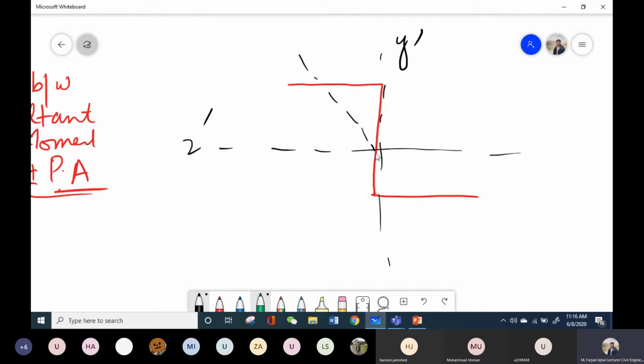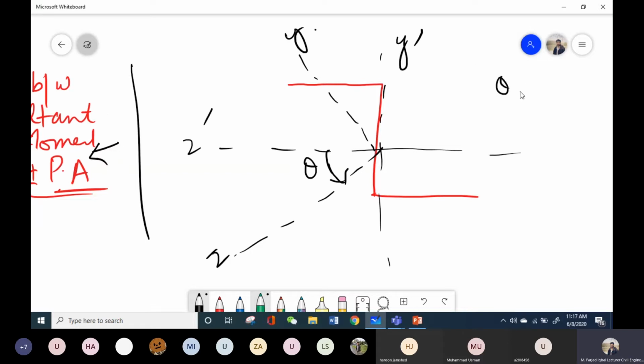When we did the derivation, we assumed that the horizontal Z dash and Y dash axes are rotated in the counterclockwise direction to get the two principal axes, Z and Y. So this angle is the angle of the principal axis with respect to the original horizontal axis.